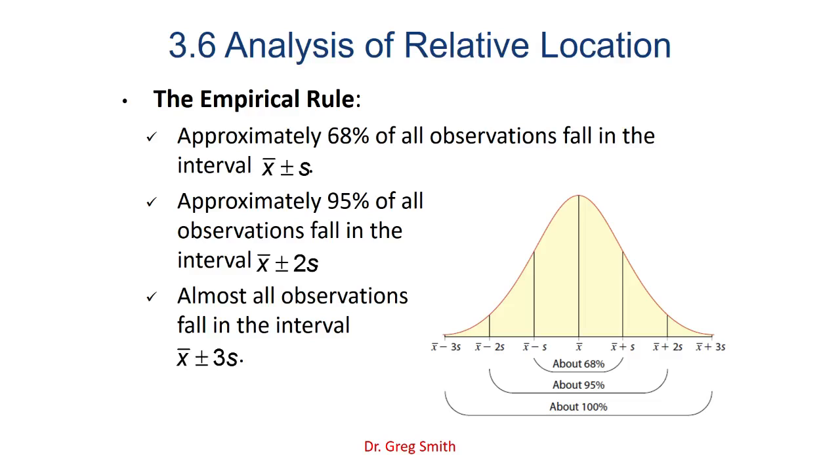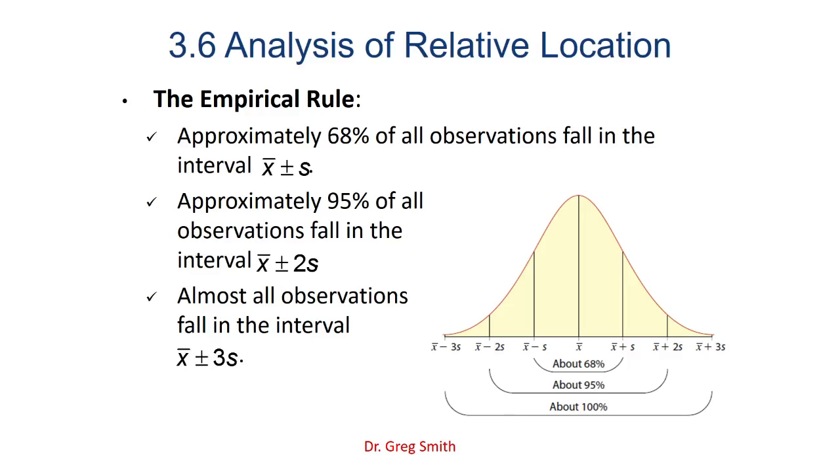The empirical rule, and this is the one we're going to use, is based around something having a mound shape or normal distribution. In this case, it's straightforward. We know that within 1 deviation either way of the mean, so take the mean and add and subtract the standard deviation, about 68% of all observations fall. Within 2, about 95%, and within 3, just about everybody.